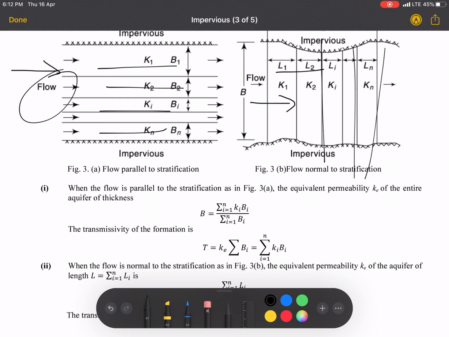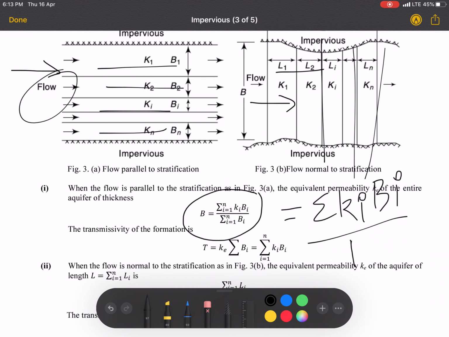When the flow is parallel to stratification, the equivalent permeability is given by Ki into Bi upon B. So this is nothing but summation Ki Bi upon B, where capital B is the full width.